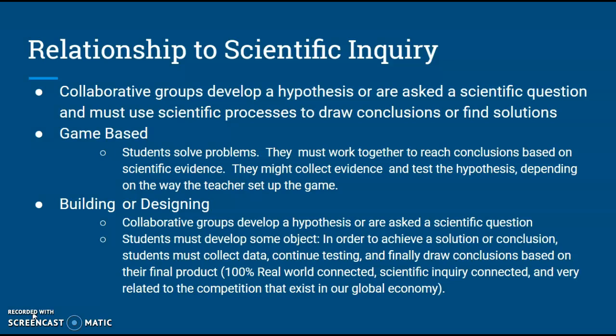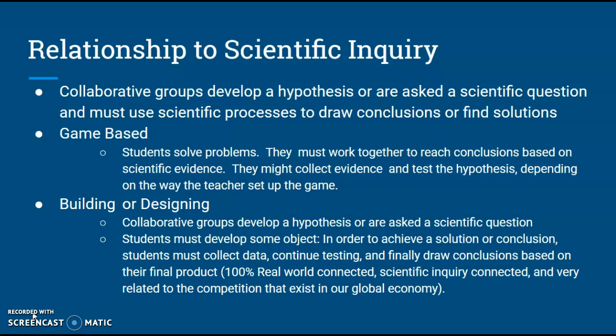So there's game-based, where students are asked to solve certain problems, like real-world problems that might happen in their own community or throughout the world. And so the students have to work together to reach some type of conclusions based on scientific evidence. They might be given that scientific evidence, or they might have to figure out how to collect that evidence. And then sometimes they might have to test some hypothesis.